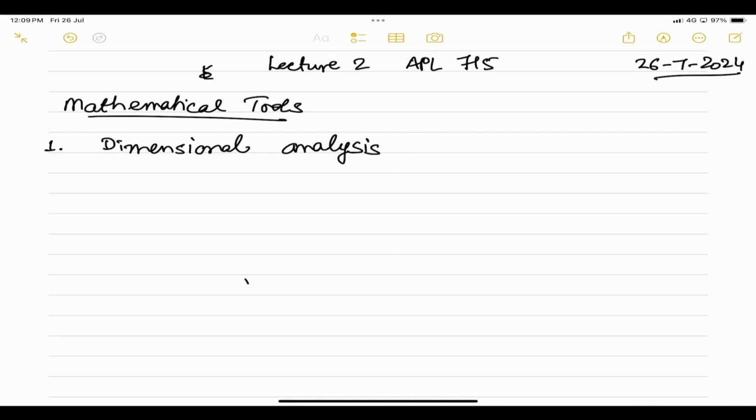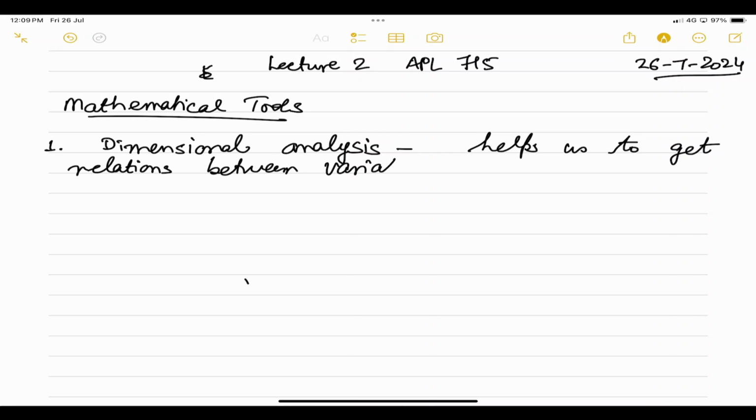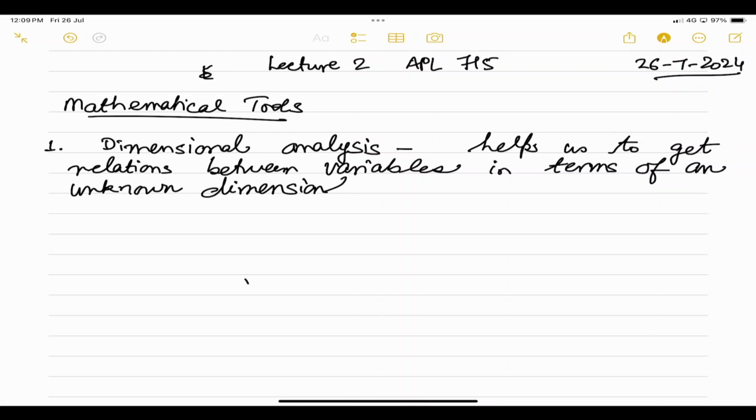Dimensional analysis helps us to get relations between variables in terms of an unknown dimensionless constant or some sort of a dimensionless function.